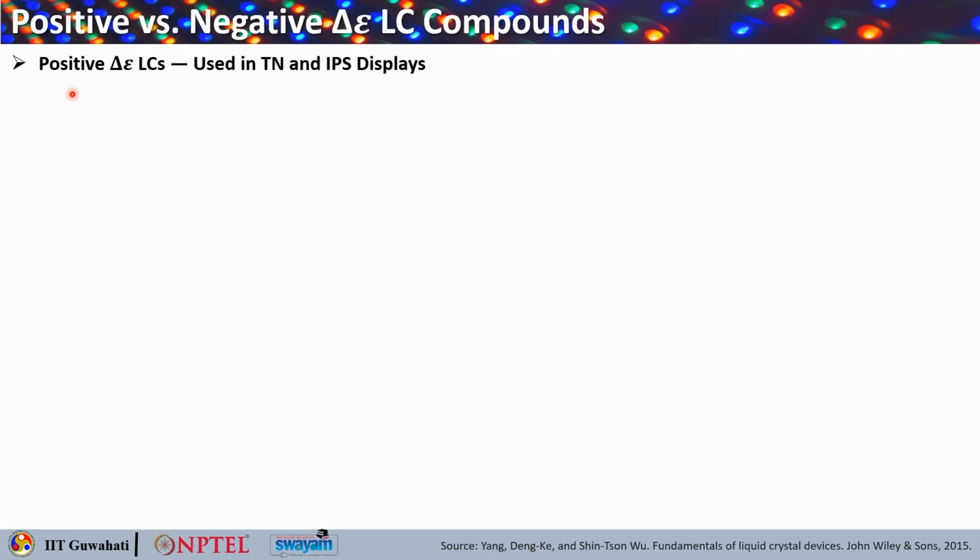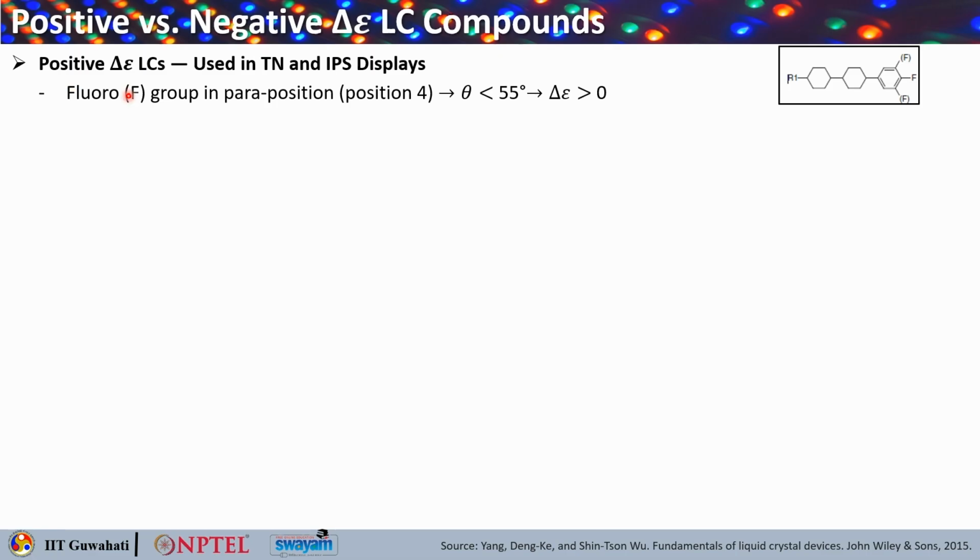Now, let us compare the positive and the negative delta epsilon liquid crystal compounds. We have already seen that the positive anisotropy liquid crystals are typically used in twisted nematic and IPS displays. The fluoro group can be placed in the para position, that is position 4.